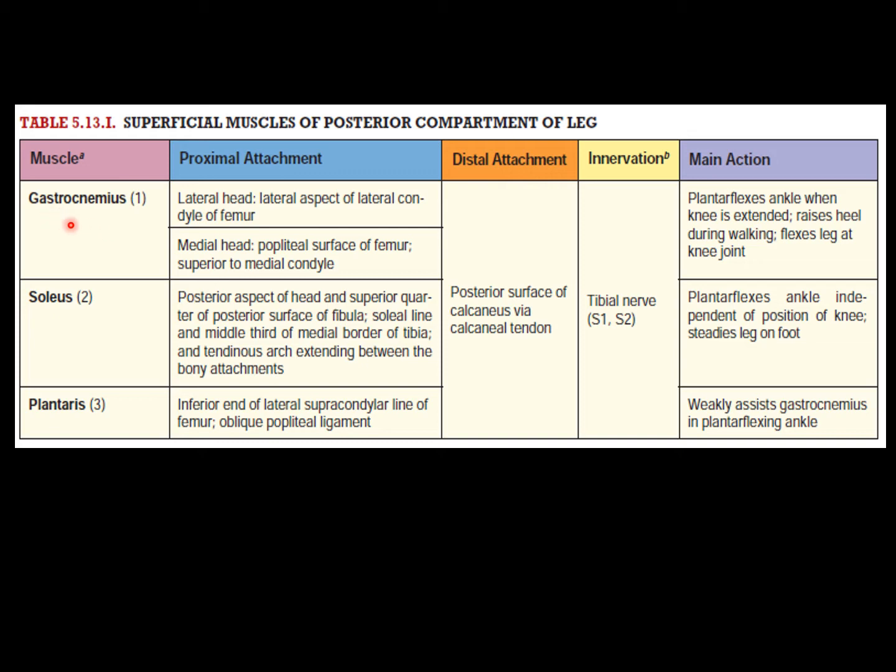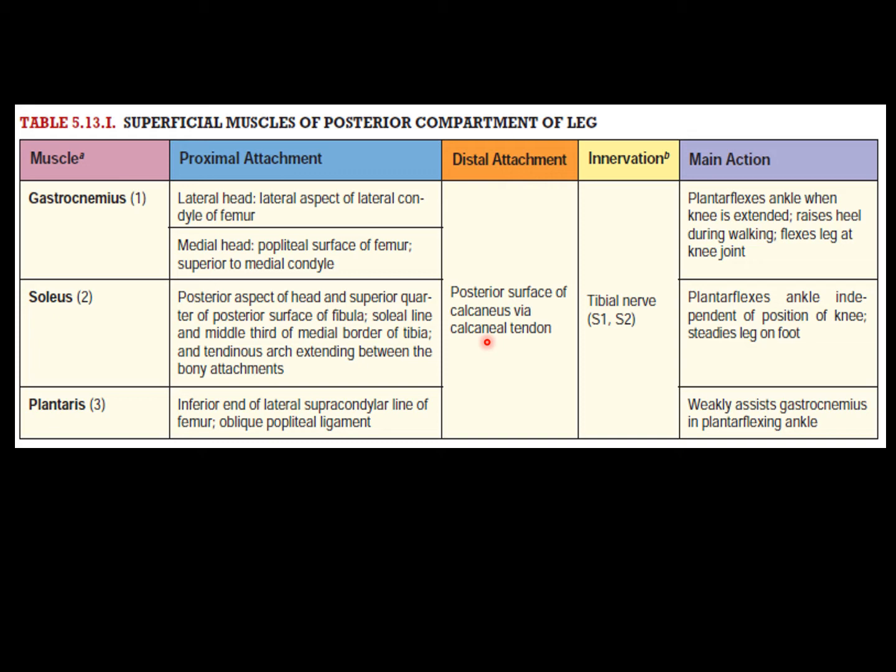So gastro is a fusiform structure, and it moves forward and downward, and in the lower part of the leg it is converted into a tendon which is known as the calcaneal tendon, also known as the tendocalcaneus or Achilles tendon.